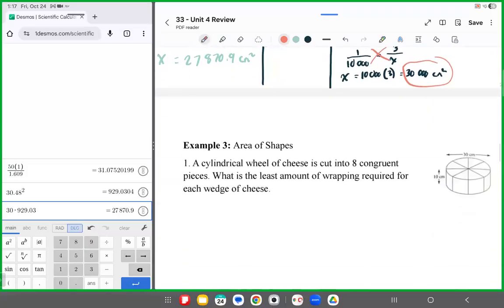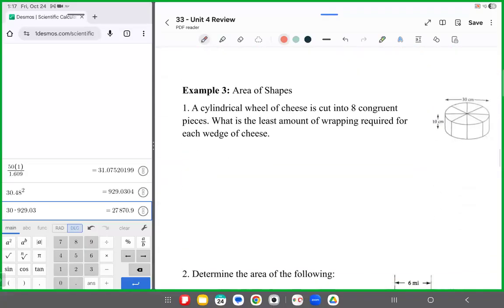Okay. Example 3, we have areas of shapes. So we have a cylindrical wheel of cheese. So think about maybe perhaps a larger brie cheese is cut into 8 congruent, meaning equal pieces. What is the least amount of wrapping required for each wedge of cheese? So we're assuming that these people can perfectly wrap this with no overlap. Okay.